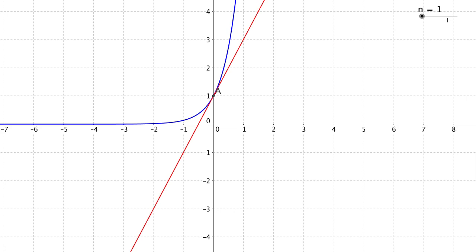If I go up another one, if I add that 2x squared, watch what happens to my red curve. It gets closer to the blue curve farther out. Okay, and so this was 1 plus 2x plus 2x squared. And as I keep on adding more, so this was the second degree, if I get to the third degree, I get that 4/3 x cubed, and it looks like this. And you see, it's an even closer approximation to my curve.